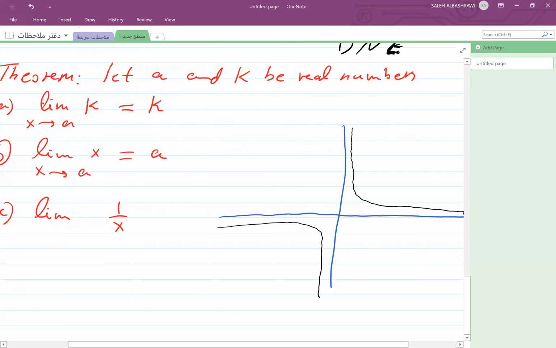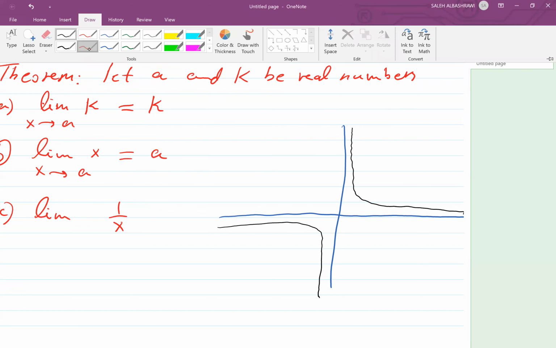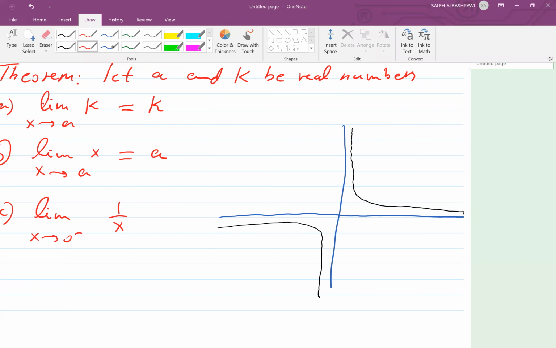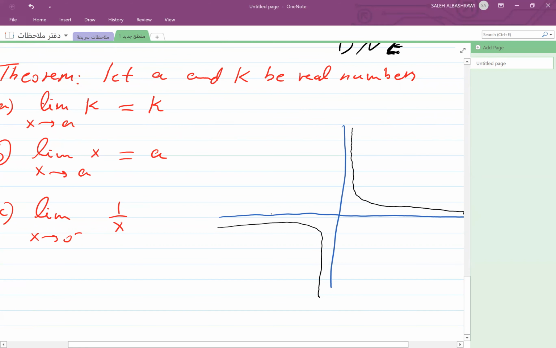Now, when x goes to 0 minus, it means we are approaching 0 from the left, from this direction.